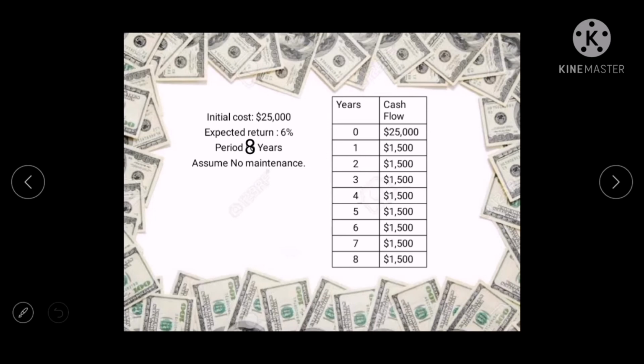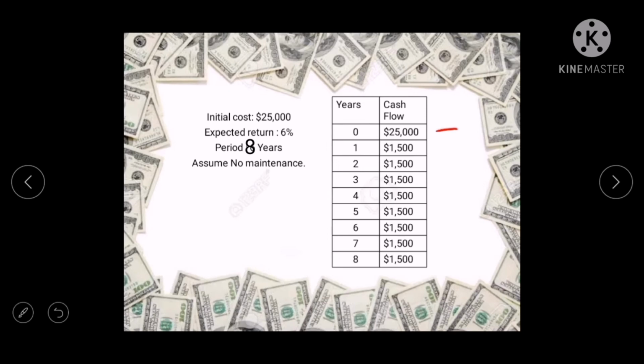So in a table, lagay natin yung year pati yung cash flow. So yung year is 0 to 8. So yan na yung tagal ng transaction. So sa 0 yung first cost, yung pagbili ng equipment, which is 25,000 US dollars.